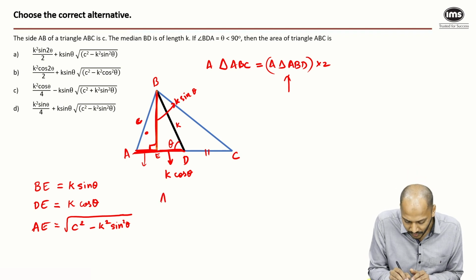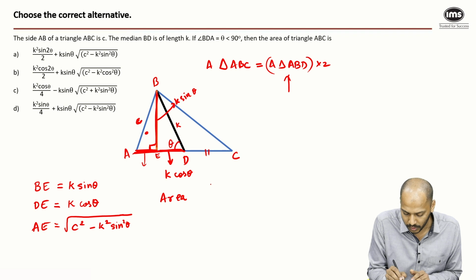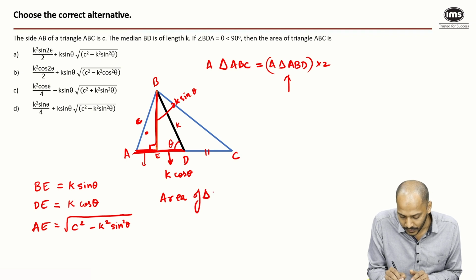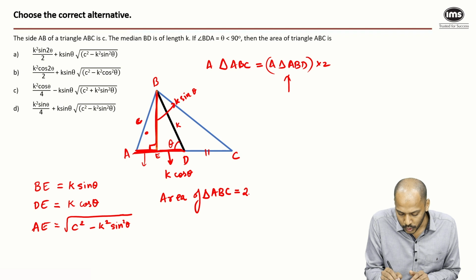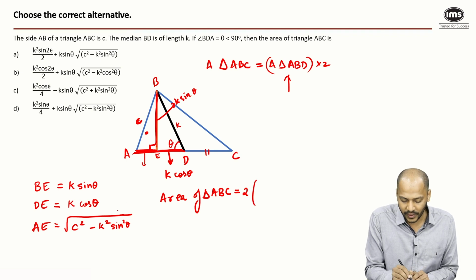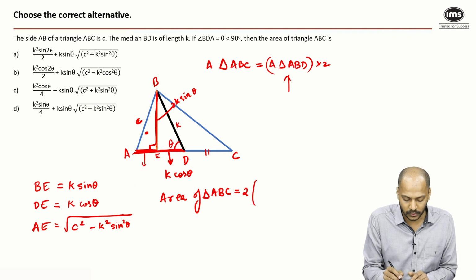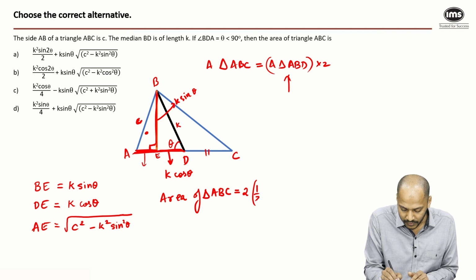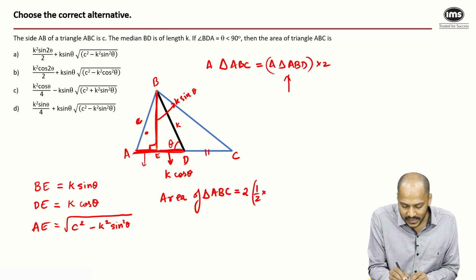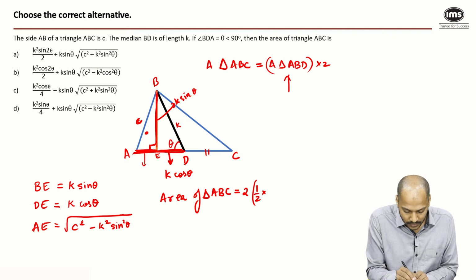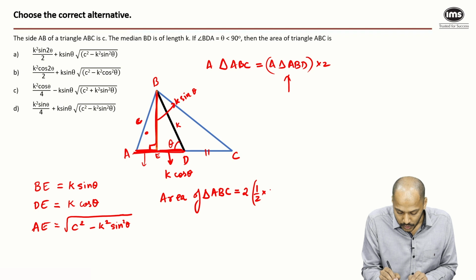So the area that we are looking for, area of triangle ABC, can I say would be twice the area of triangle ABD that we've done over here, and that will be equal to half into base, base is AD, that is this plus this, so half k cos theta plus under root of c square sine.